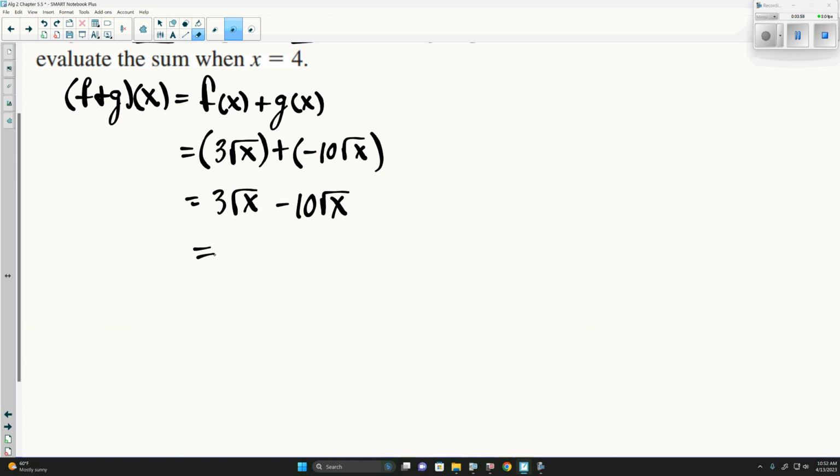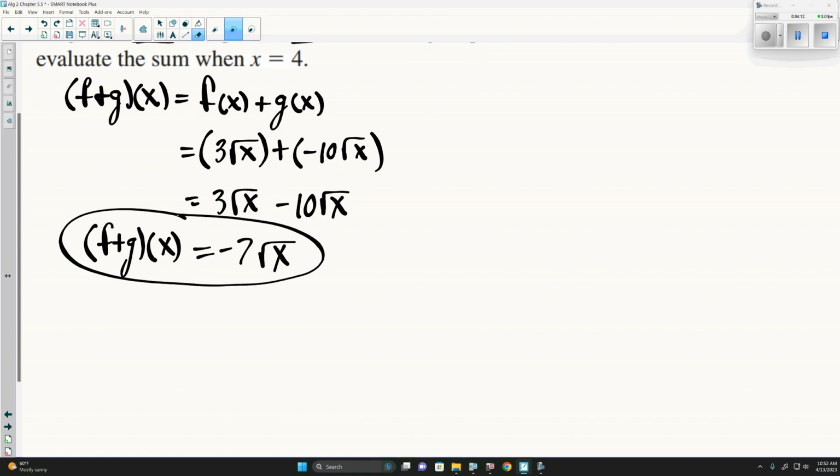So 3 minus 10 is negative 7 square root of x. So f plus g of x is negative 7 square root of x. That's all we have to do for that part.